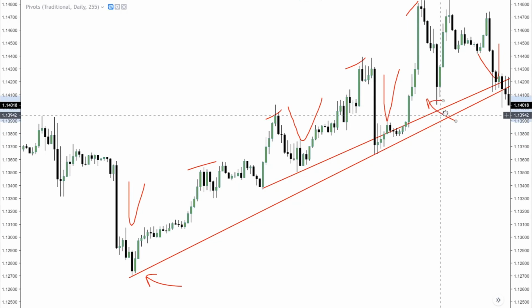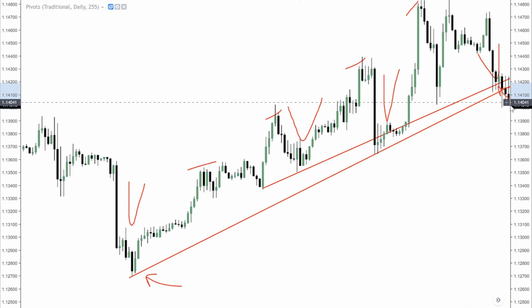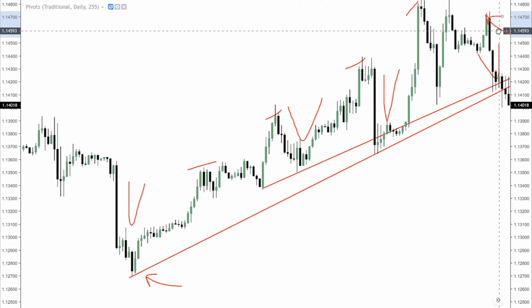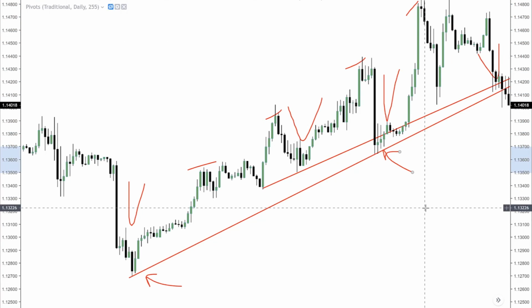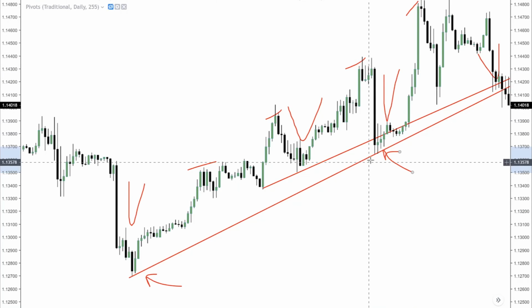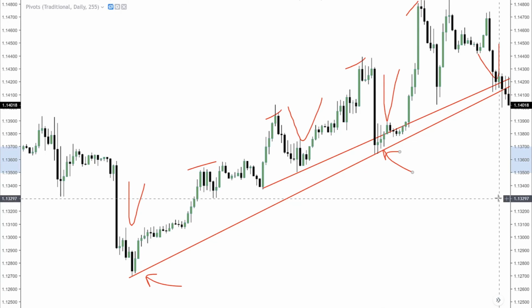Now there are lower lows. This is a low, and now it's making lower lows. This is a high, and now it is making lower highs. You could use moving averages in conjunction with this. A lot of people like to use a 5-day moving average, and if price starts to drop below that 5-day moving average, then you can feel like the trend is ending as well. I like to keep it simple. I like to keep it clean here.